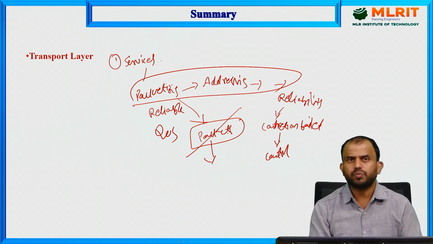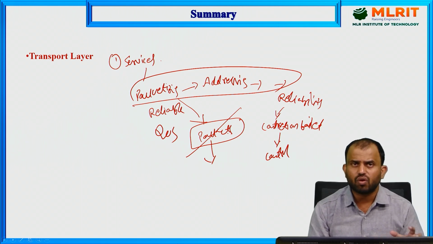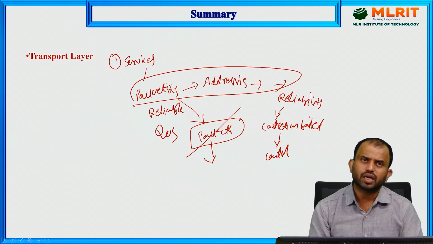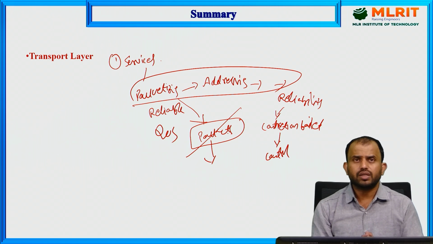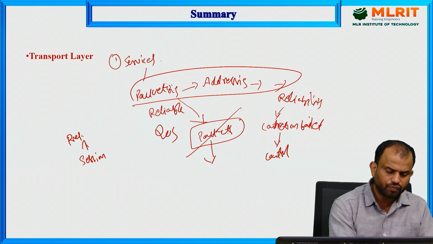The transport layer is best suited for end-to-end, which means process-to-process kind of services, and that is a major advantage of the transport layer. While discussing the transport layer, we have the session layer, the presentation layer, as well as the application layer.